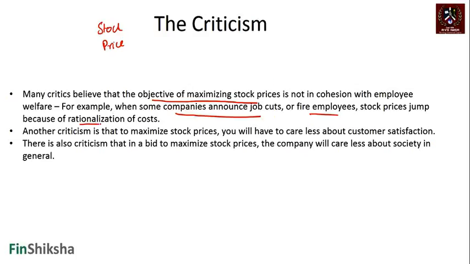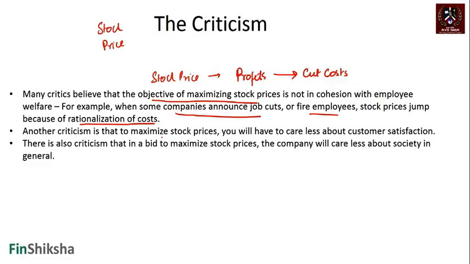And that's because the stock market believes there is rationalization of costs, right? So it typically believes that a company, in order to maximize the stock price, will eventually maximize profits, and that would essentially mean to cut costs, and that cannot be in tandem with employee satisfaction, right? That's one criticism. We'll come back to this.